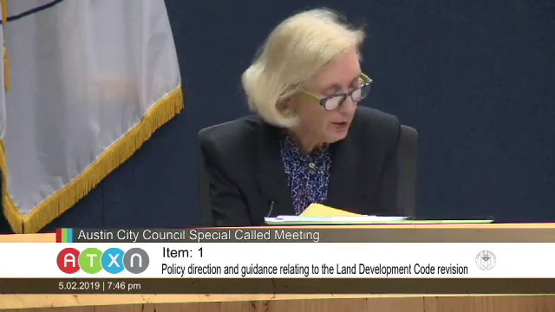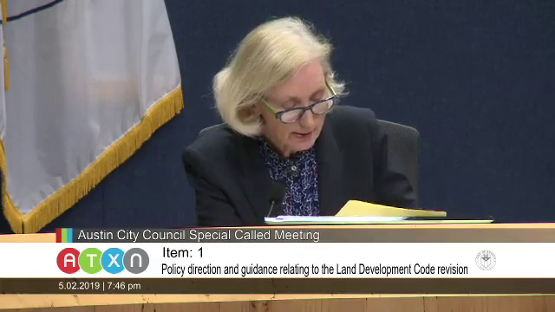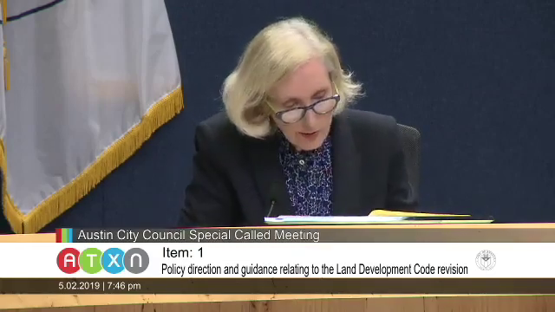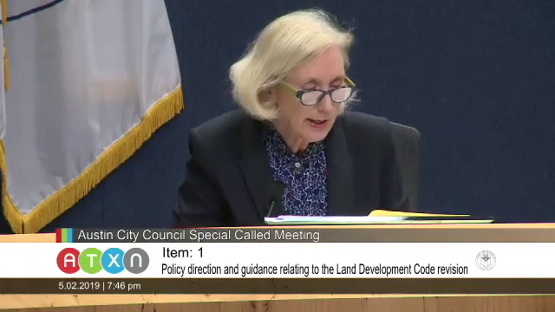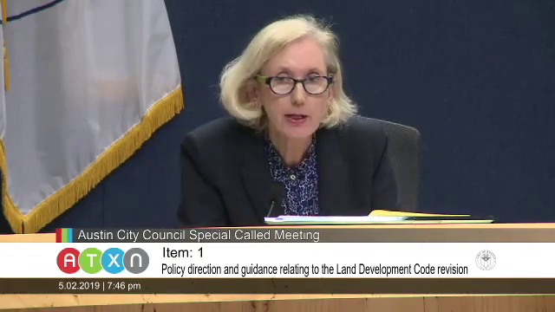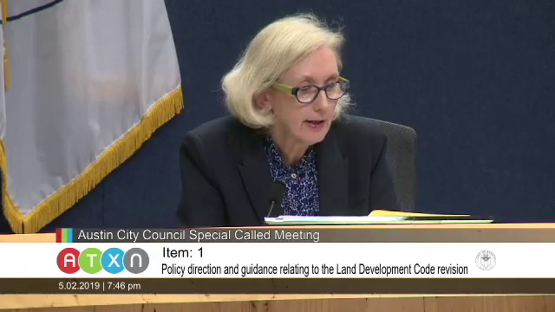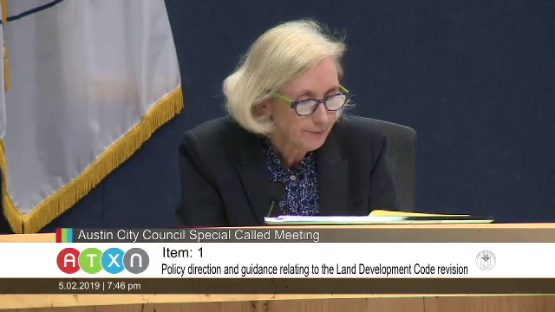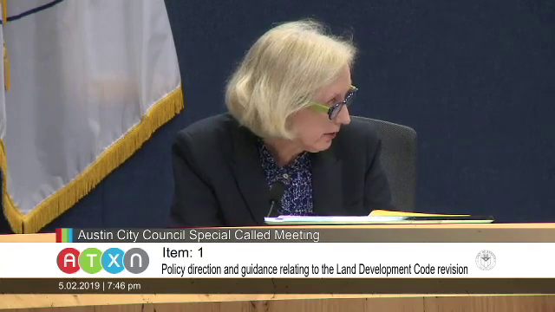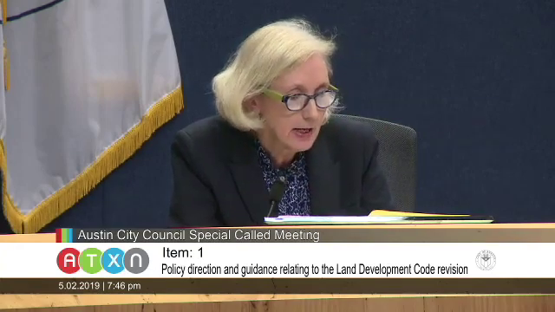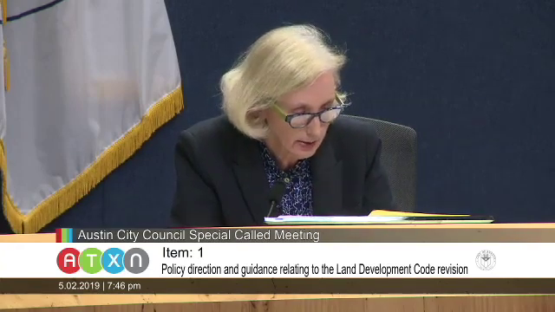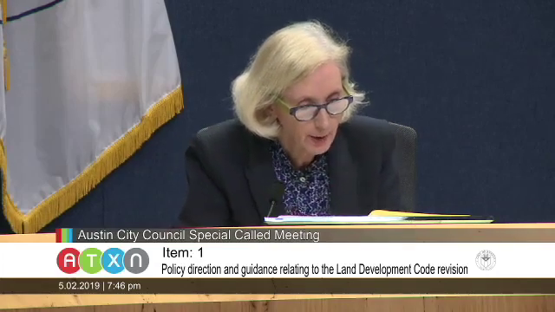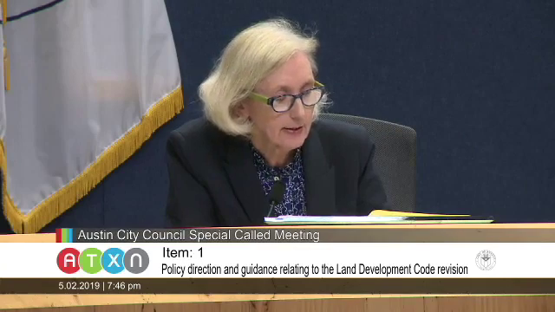What I'm attempting to do with this one is, as we increase density along our corridors, there is a whole range of standards that relate to how the higher density areas intersect with the lower density areas, whether those are multifamily or single family. This just recognizes those and says that we need to bring back standards that relate to these.